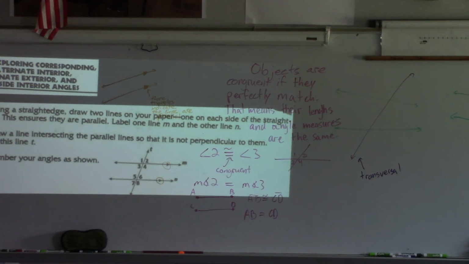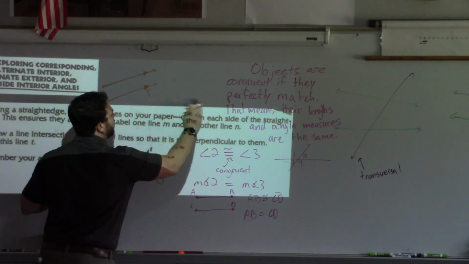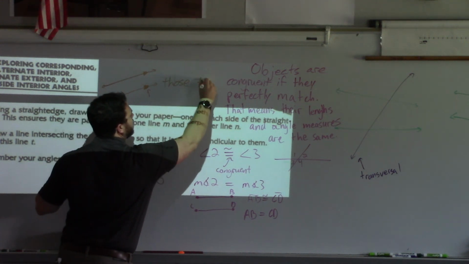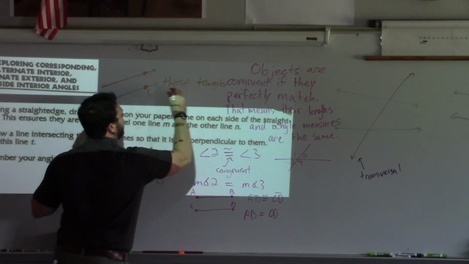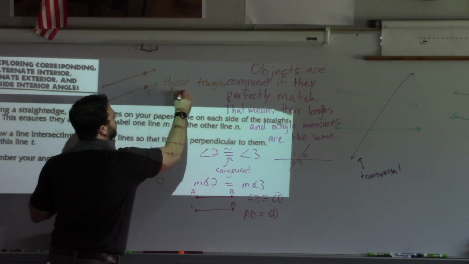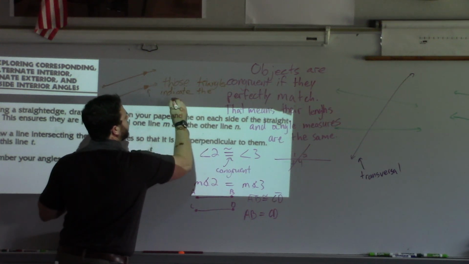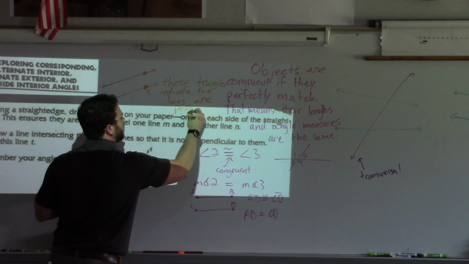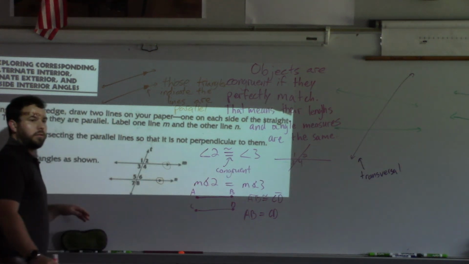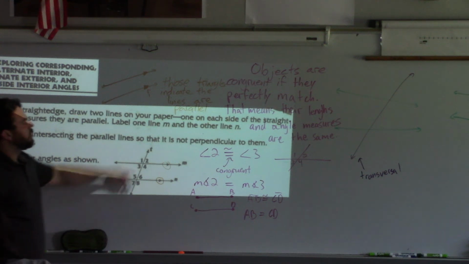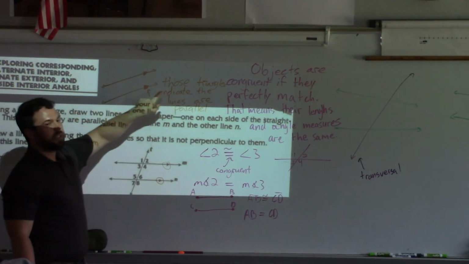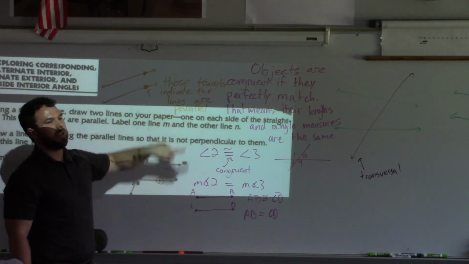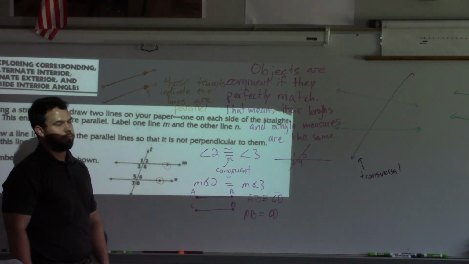Those triangles, parallel lines, indicate the lines are parallel. Can you see that? No. You probably put like a dark color in it.